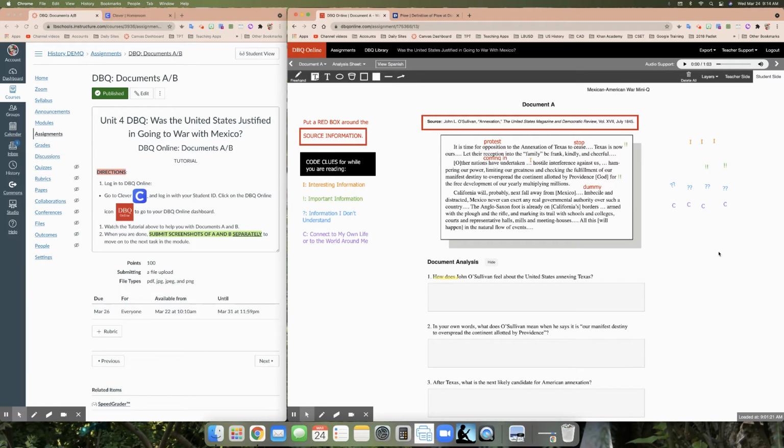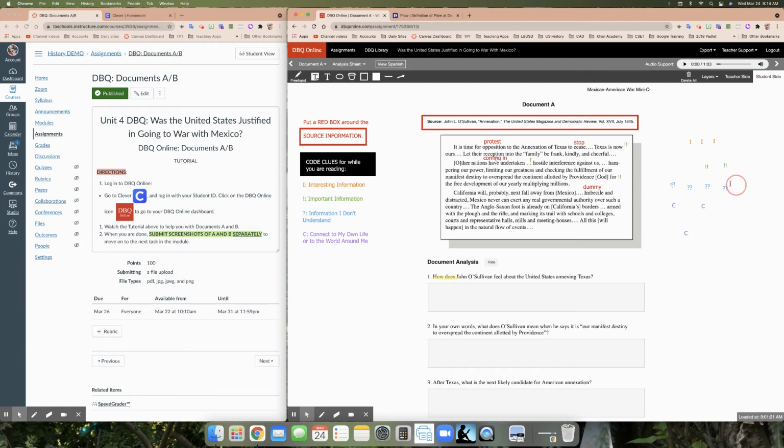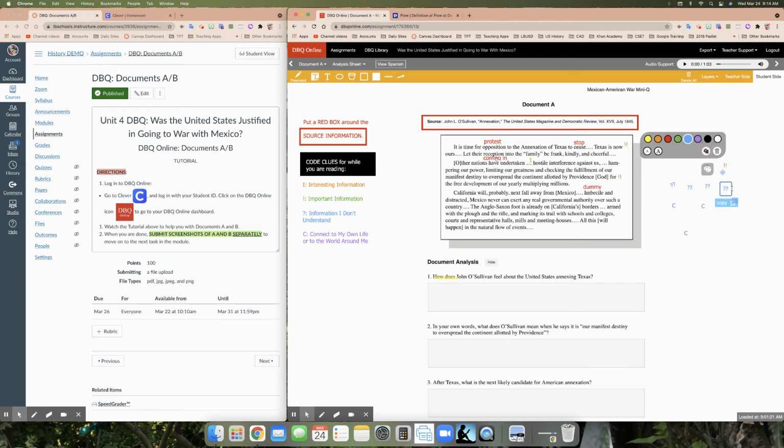All of these words that I didn't know, this could be my information that I didn't understand. Might need to separate these in future documents. So all these words that I didn't understand can be marked with my question marks.